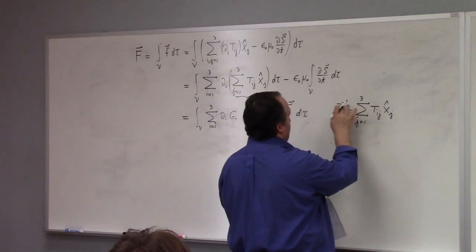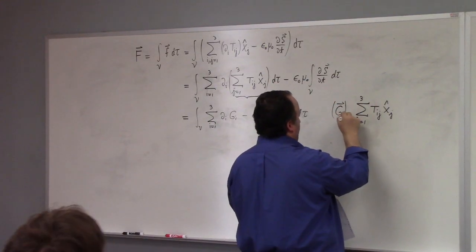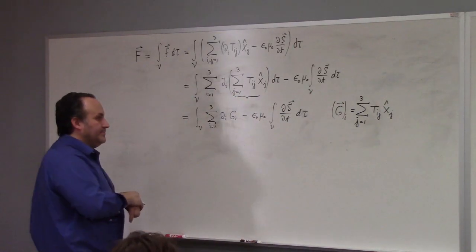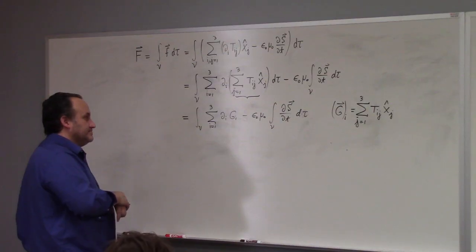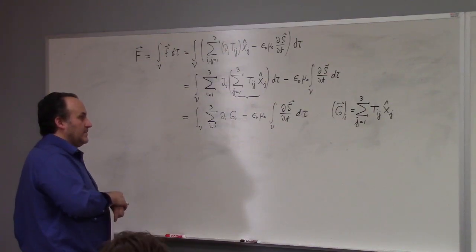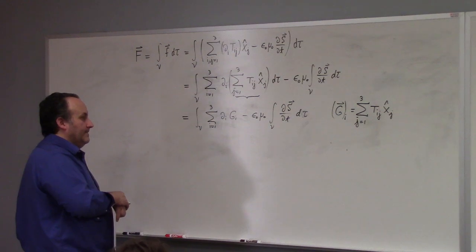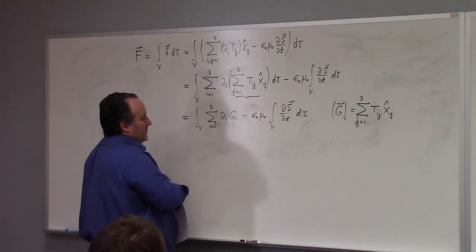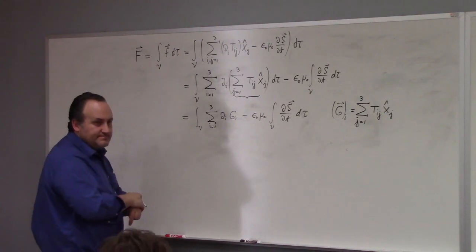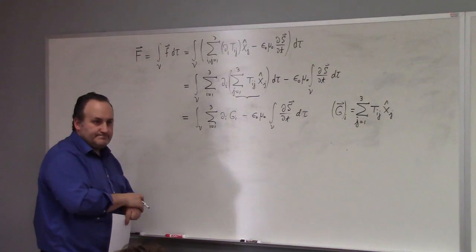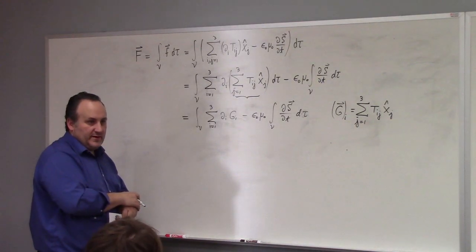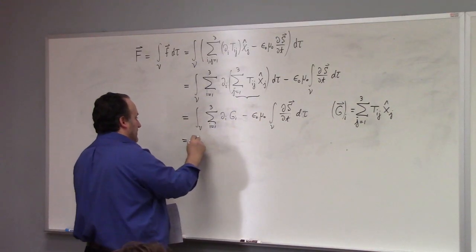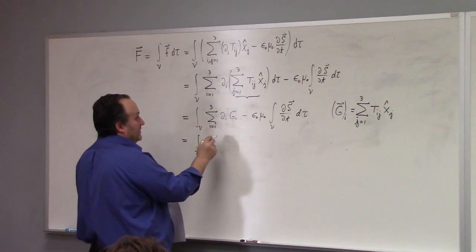This is just the ith component of G. My point to you is that that's a divergence.